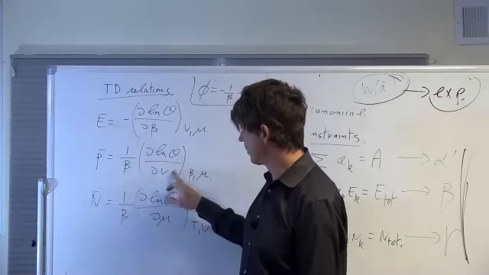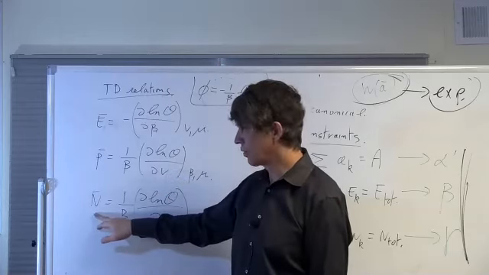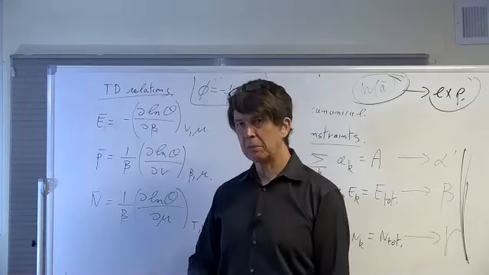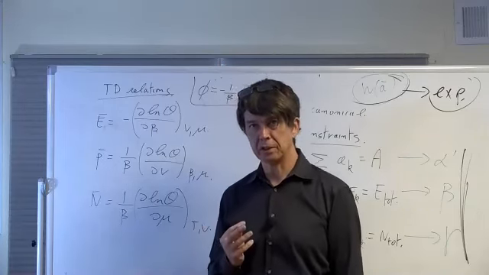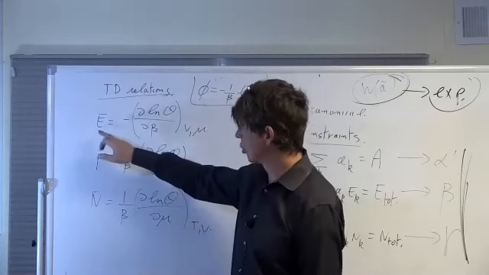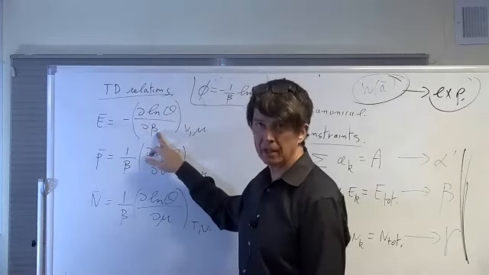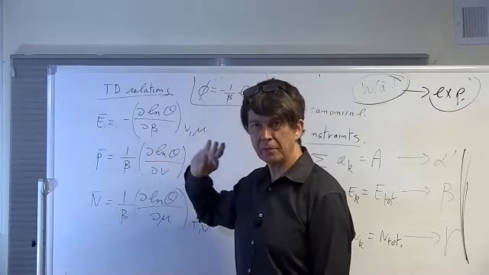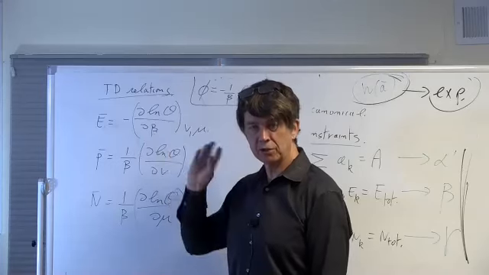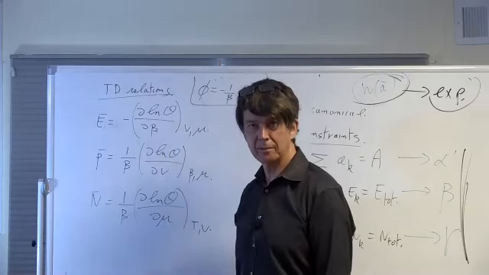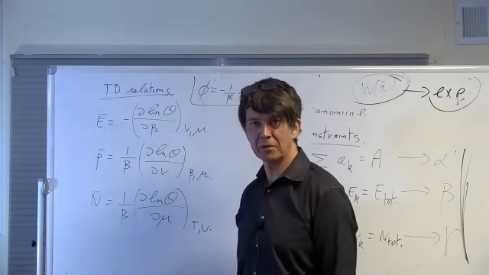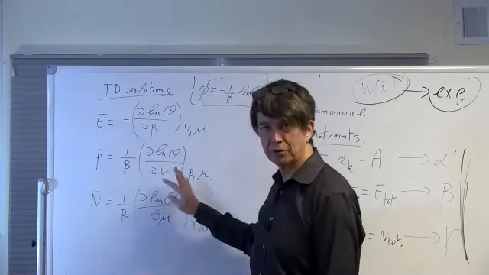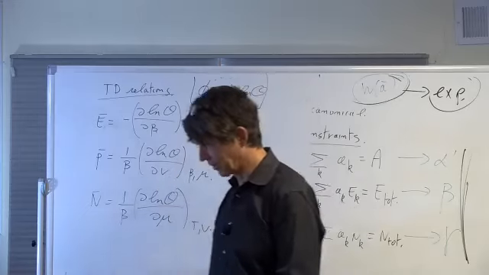P is a derivative with respect to V. Average number of particles is a derivative with respect to the chemical potential. It's just that because we work in the entropy notation, as I'll show you on Wednesday, the conjugate with energy is actually beta. If I'm totally confusing you, that's okay. This is just planting something in your neurons to be more receptive on Wednesday. But you'll see that this is totally normal and straightforward.